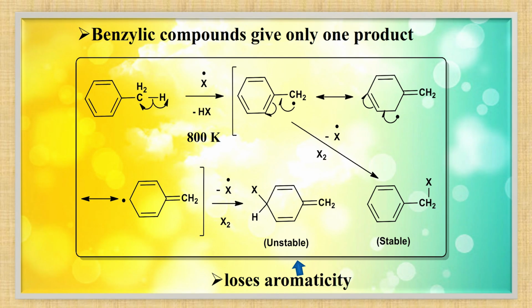But remember, students, if the benzylic free radical undergoes resonance, it will disturb the aromaticity, meaning the compound is no more stable due to disruption of its aromatic character. Therefore, the halogen atom will only attach to the CH2 dot carbon to prepare benzyl chloride. So, we get benzyl chloride only.